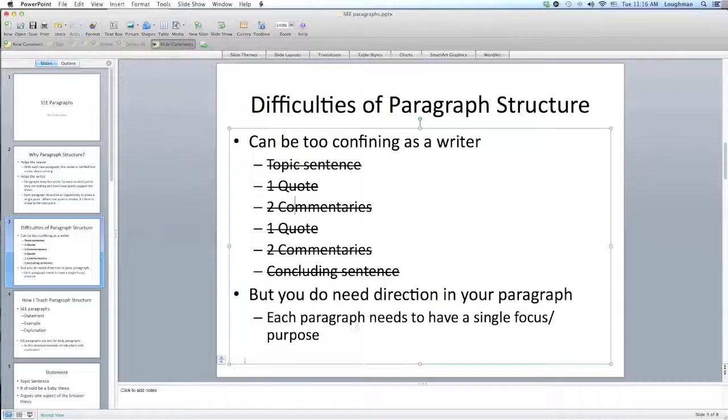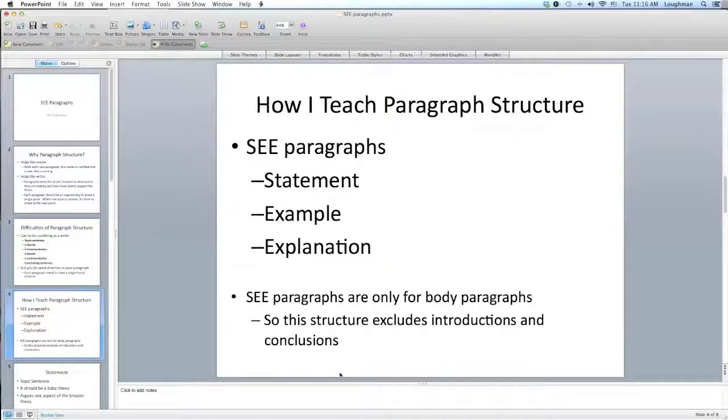So how I teach paragraph structure is I call them C paragraphs. It's not something I made up. I know other professors at this school use this. I took it from a friend of mine when I was in grad school. He taught it. I thought it was simple and effective and flexible. It's statement, example, explanation.